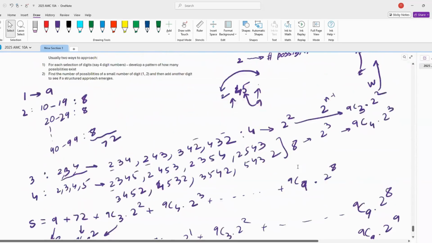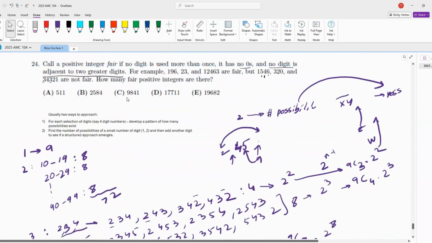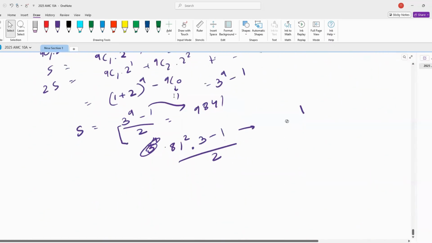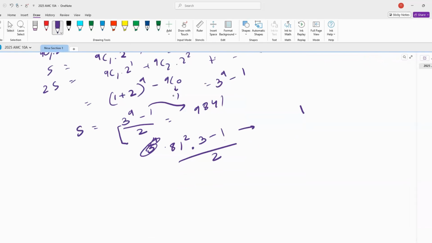So I need a number that ends in 1, which essentially, I know it's not going to be 511, that's too small. So it's either 9841 or 17711. But I know that 81 squared is roughly 6400. 6400 times 3 is roughly 19,000. 19,000 minus 1 is almost equal to 19,000, divided by 2 is going to be roughly 9,500.